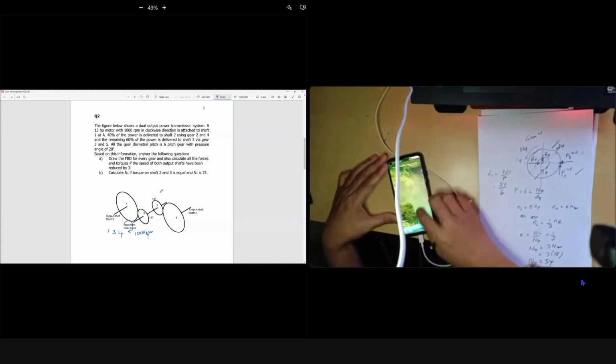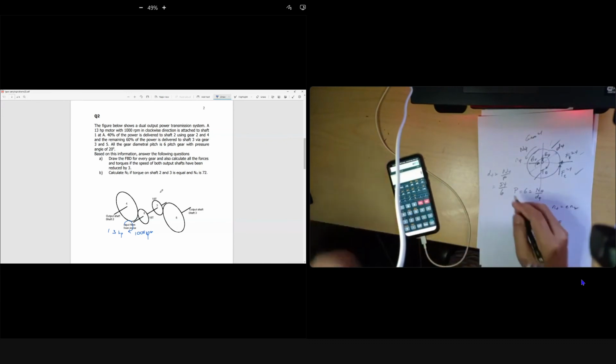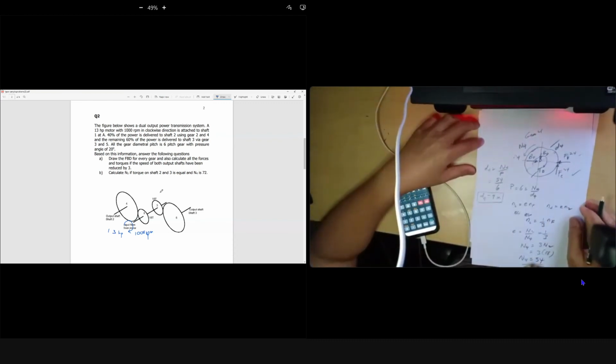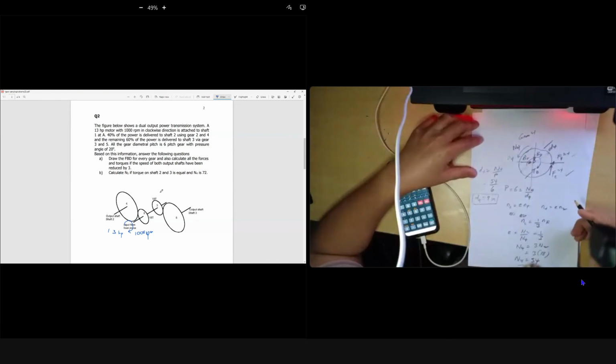Nine times 6 is 54. So the diameter is 9 inch for your diameter 4. Understand, class? Then you can calculate your torque.